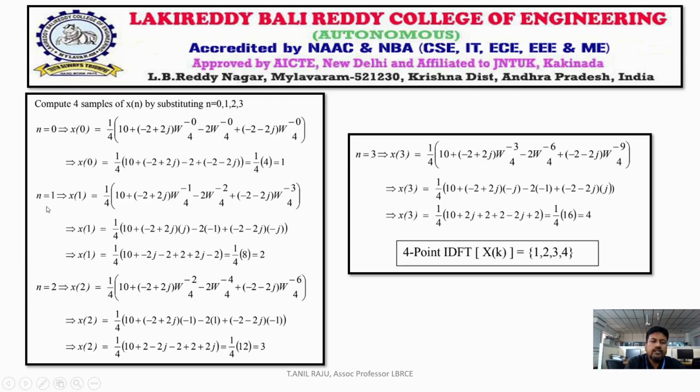Similarly, x of 1 we will get 2, for n equal to 2 we will get 3, and for n equal to 3 we will get 4. So, finally, the inverse DFT of capital X of k is x of n equal to 1, 2, 3, 4.